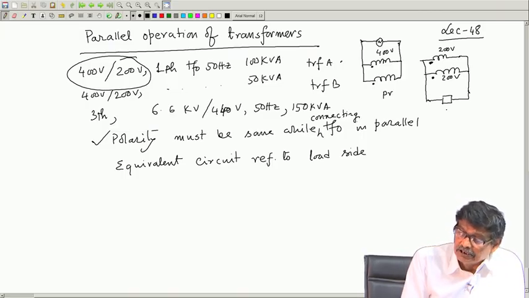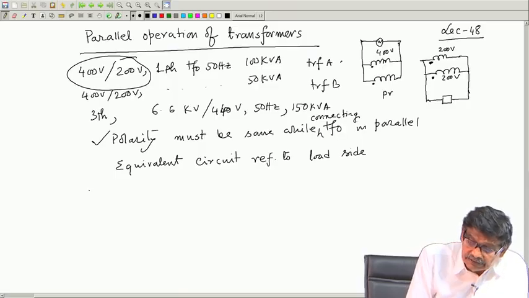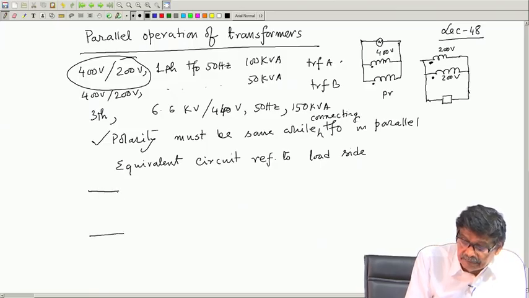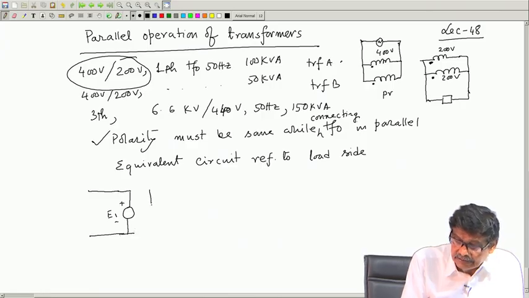Therefore, if you draw the equivalent circuit referred to the load side, then what happens is this: the primary side will have, I will only show the induced voltage E1, and this is E2, the induced voltage on the secondary side.